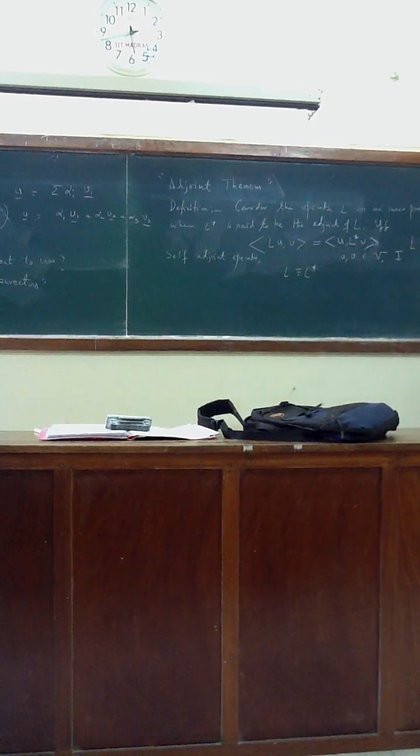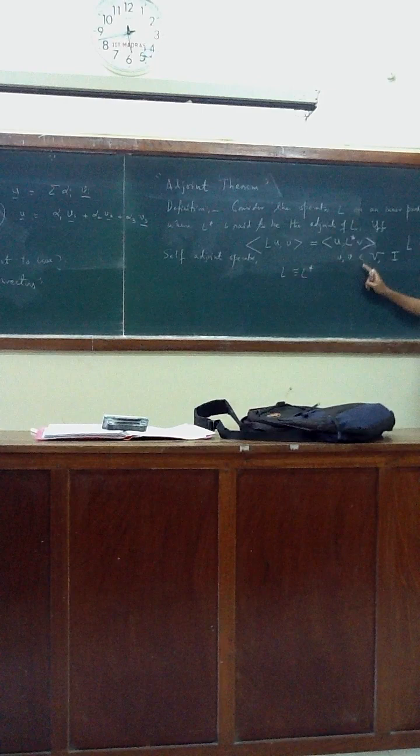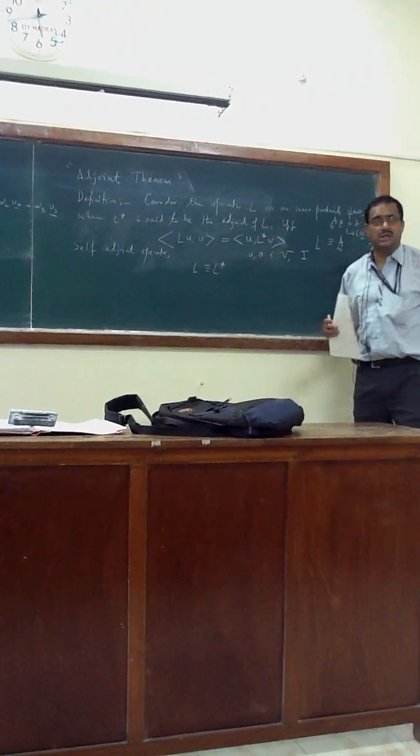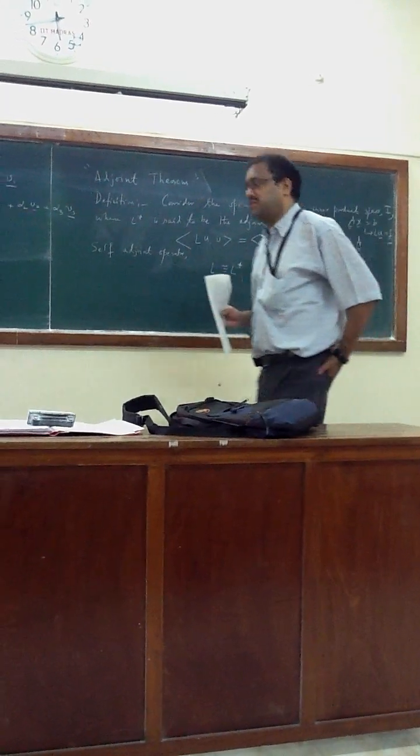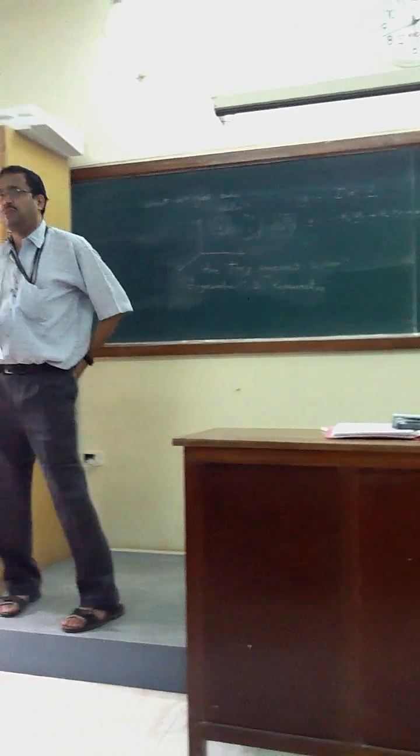If U and V belong to the real space, then the matrix is called a symmetric matrix. So a symmetric matrix is nothing but a self-adjoint operator.